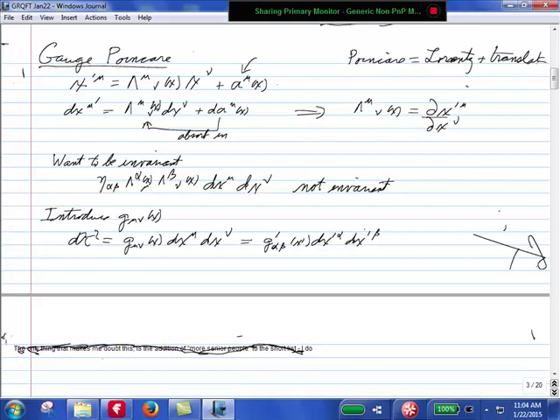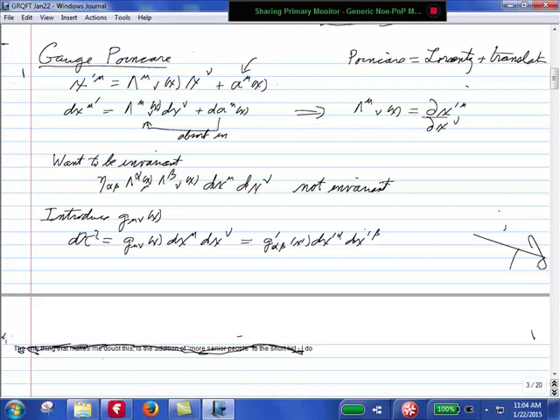So we have some vector field, V mu. It's going to go to some V prime mu, which is this lambda mu nu of x, V nu of x. So here's its x prime.